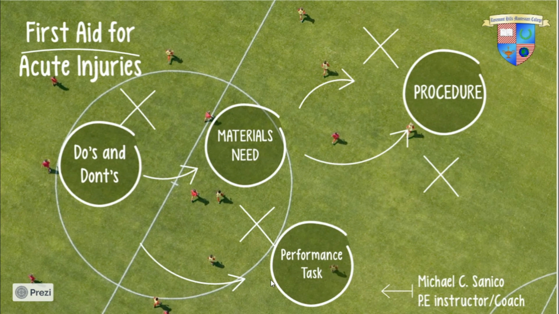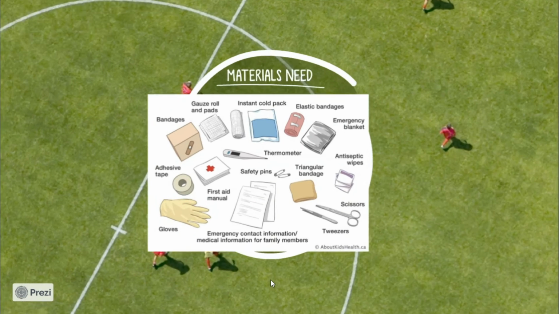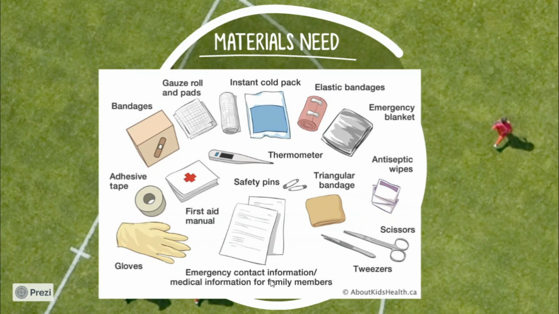Okay, so now, what will be the materials that you need to have or prepare if ever you are currently in a situation of performing first aid? So before that, you need to learn first what those first aid materials are. So these are the materials needed to engage, or to act, or to perform the first aid procedure.